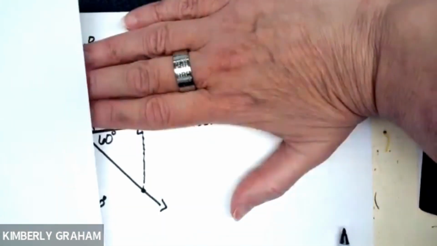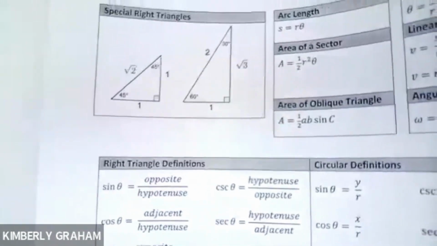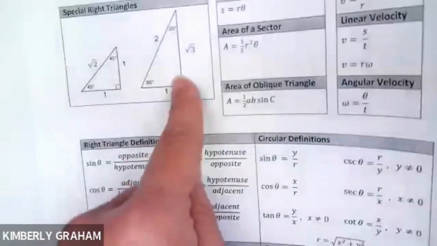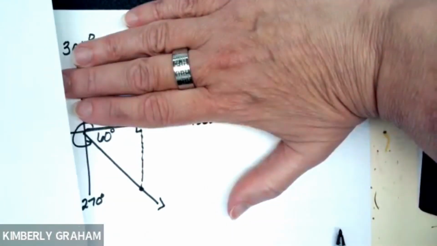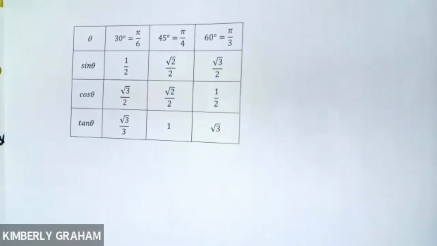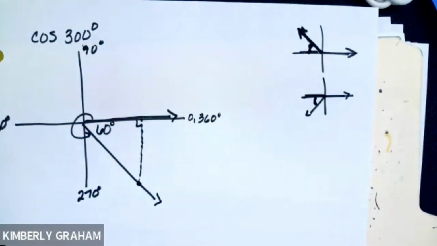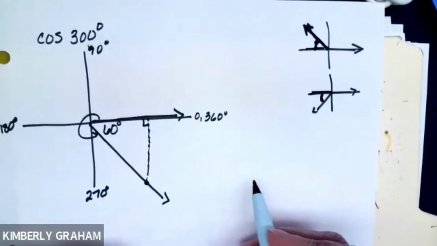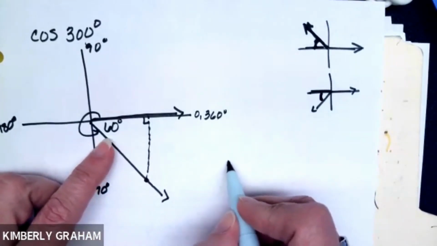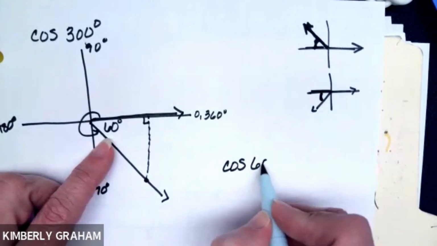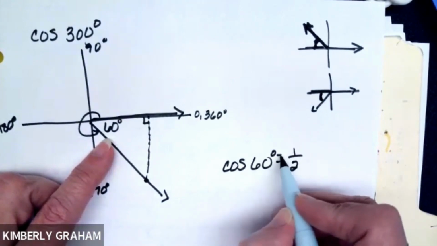I know those are the ratios. You can go back to this if you want to, but we're going to save ourselves a little bit of time and just go to this. So this 60-degree angle here is going to have the cosine of 1/2.